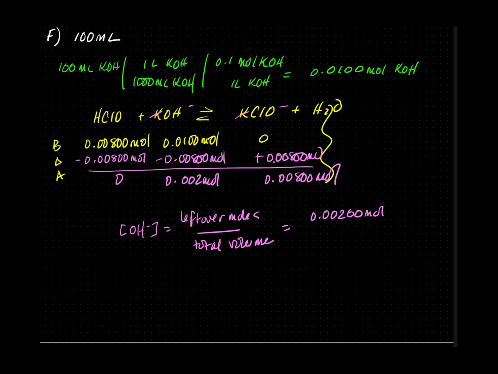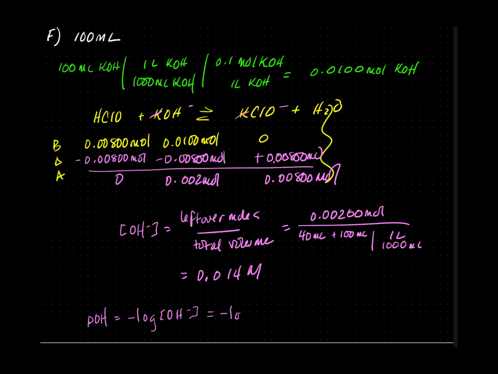0.0200 moles. Again, my volume is additive always. So this is going to be 40 milliliters from the acid, 100 milliliters from the base. This is 1,000 milliliters, 1 liter. The concentration of OH minus present is 0.014 molar. So pOH is equal to negative log of OH minus, so this is negative log 0.014 molar equals 1.85.